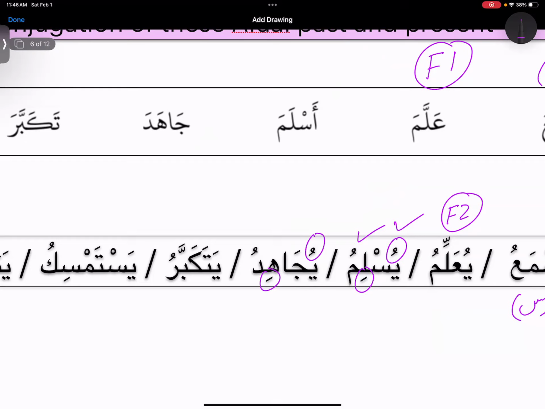So jahada becomes yujahidu. How easy is it if we just pay attention? It's not rocket science. Jahada, yujahidu. It's like math, you're learning formulas.